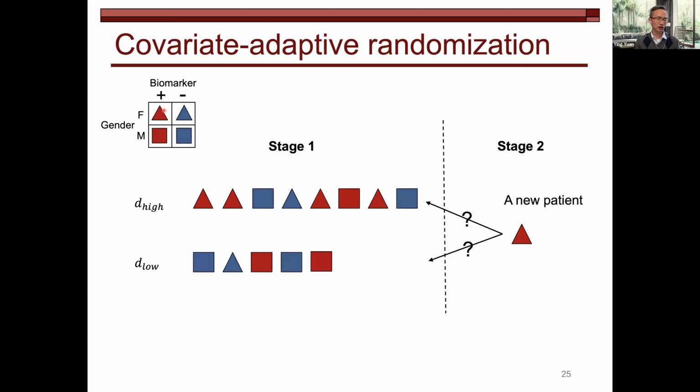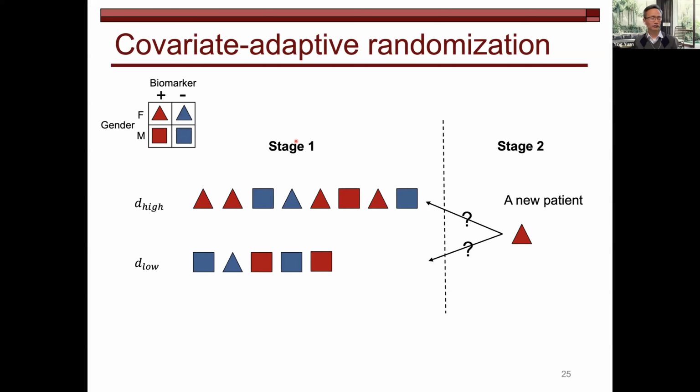We use red to indicate biomarker positive patients, and blue to indicate biomarker negative patients. The other important factor we want to control during randomization is gender, female and male. Female is indicated by triangle and male by square. So with two prognostic factors, overall we have 4 subpopulations.